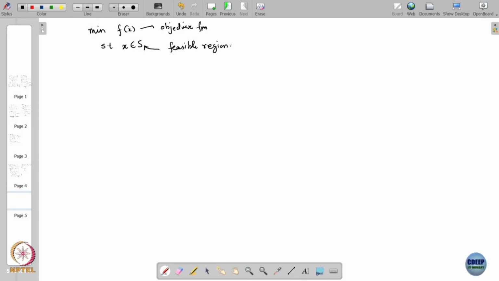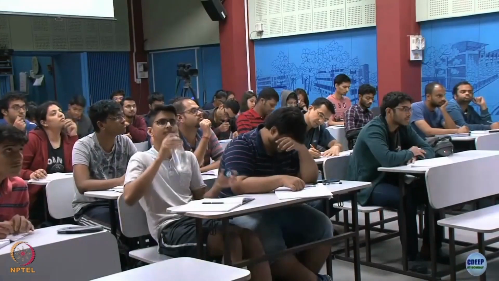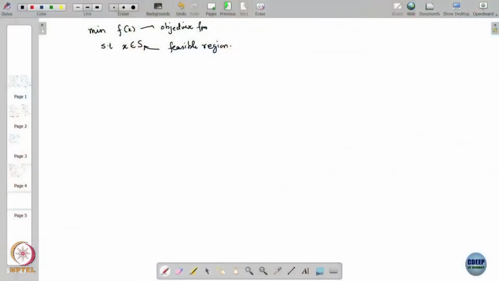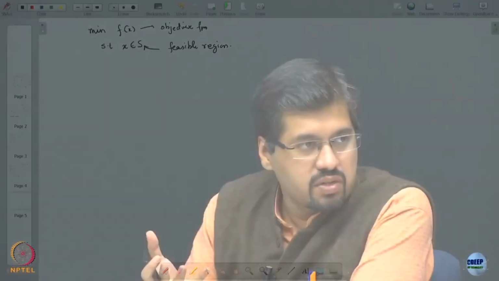Now, usually this way of writing an optimization problem is not very conducive for many things, for both analysis as well as for computation. When you write that x belongs to some set, how do you even specify that set becomes a question. What does it mean that it belongs to this set?